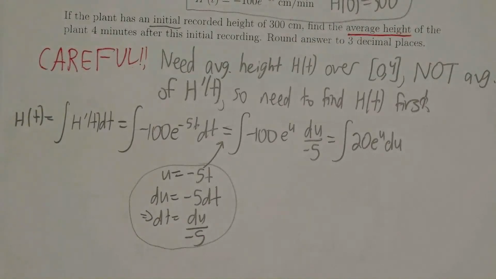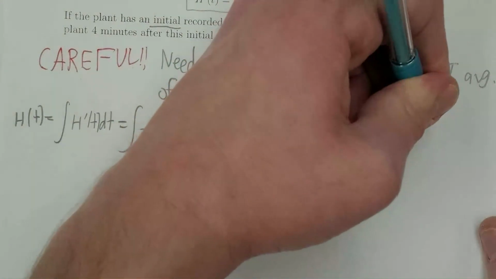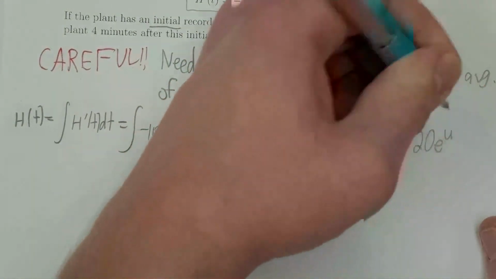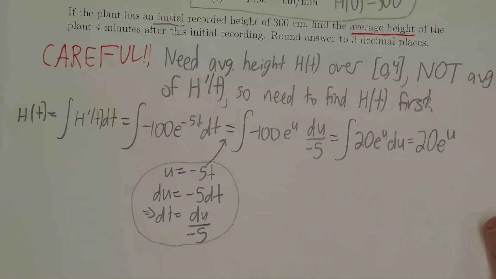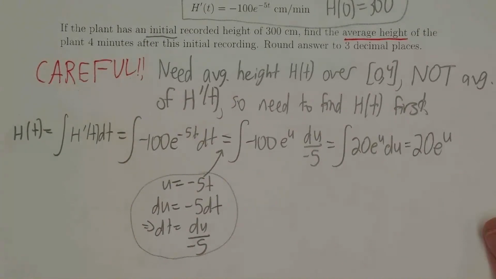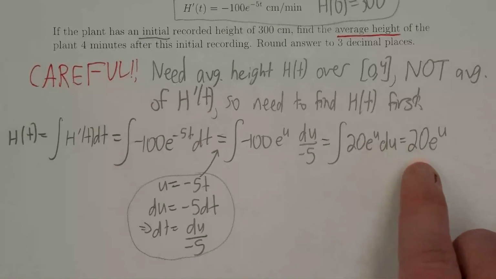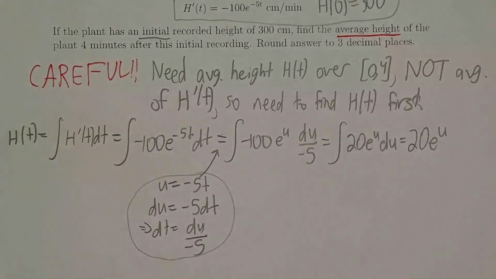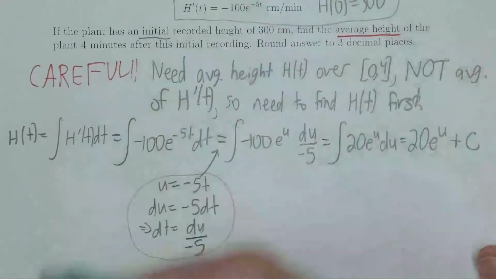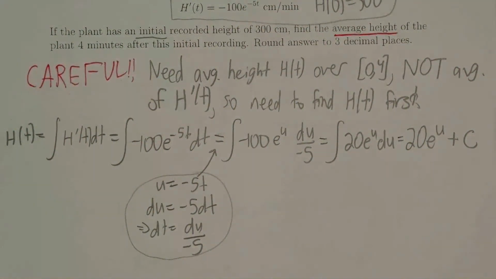So what do you notice? Well, this has a pretty nice antiderivative of 20 times e to the u, as we saw in example 3. But because this is an indefinite integral, it's 20 times e to the u plus c.